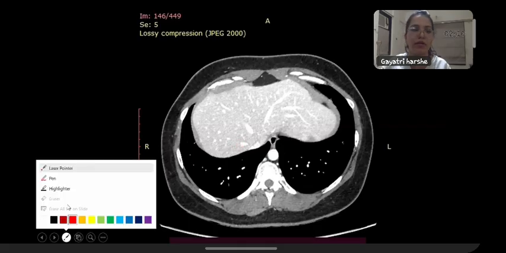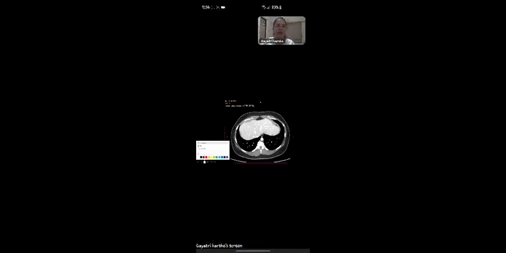If we draw an imaginary line on these hepatic veins, the segment which is seen on this particular section is segment 2. When we are going down and we see the portal vein, then this is segment 3.